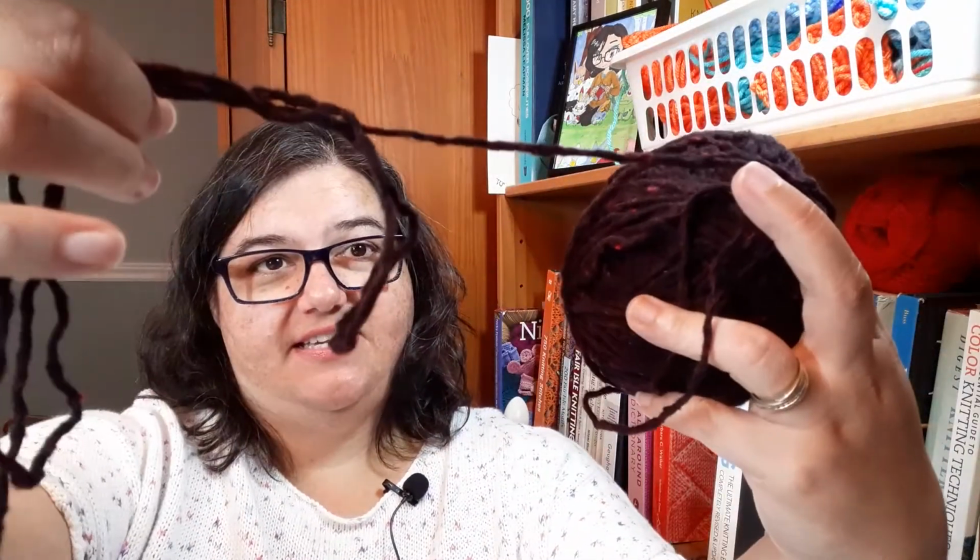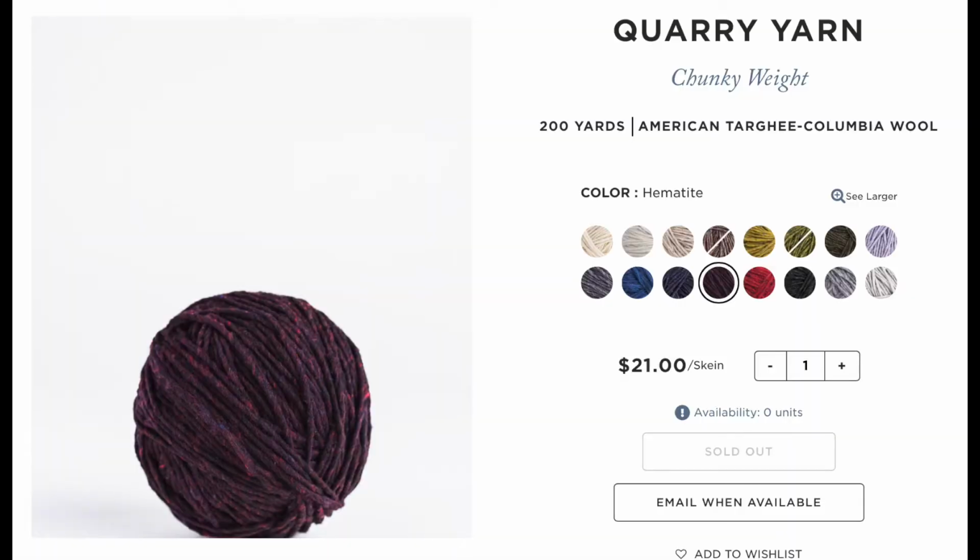A yarn that's smooth with a high twist, like Wool of the Andes worsted, would have really good stitch definition. Something like Quarry from Brooklyn Tweed, which you can see is not such a high twist. It is 3 plies, but it's a woolen spun, sort of an unspun look to it. So the stitch definition is not as good with that yarn.